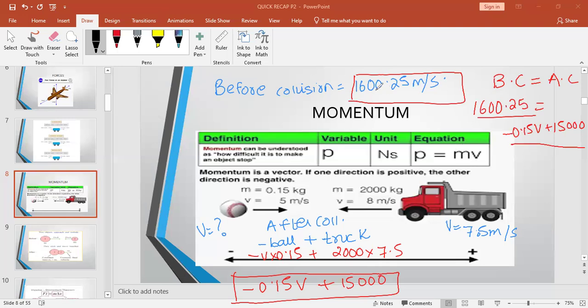Before that, just make sure that you have calculated this thing correctly. Is it correct? This thing, is it 16,000.25 or 1600.25? Wait, let me check.